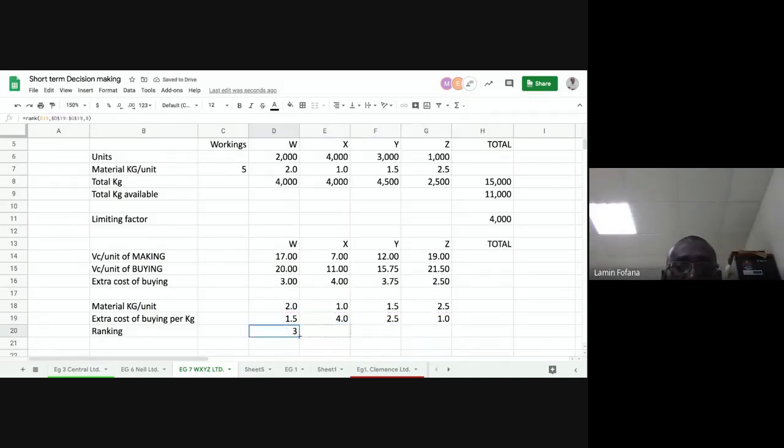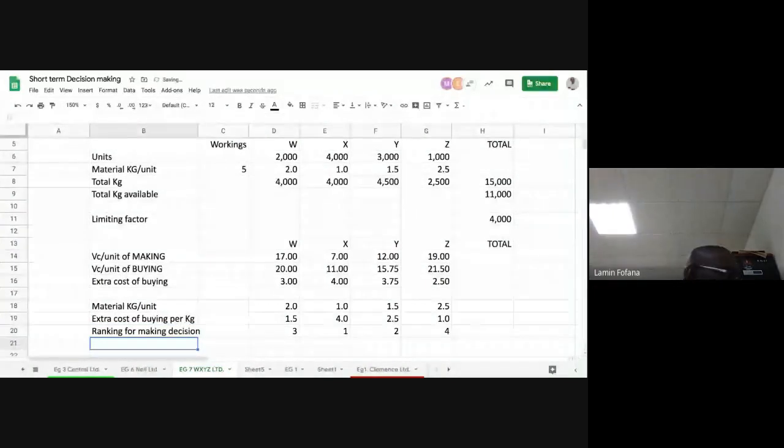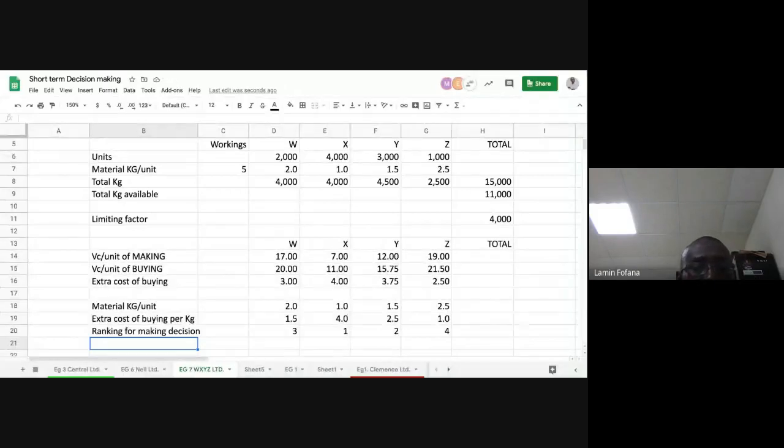So we drag. So now look at it. The first one will be X, the second one will be Y, the third one will be W, and Z. This is ranking for decision making. So we're trying to rank so that we'll be able to know which product to make or which product to buy.